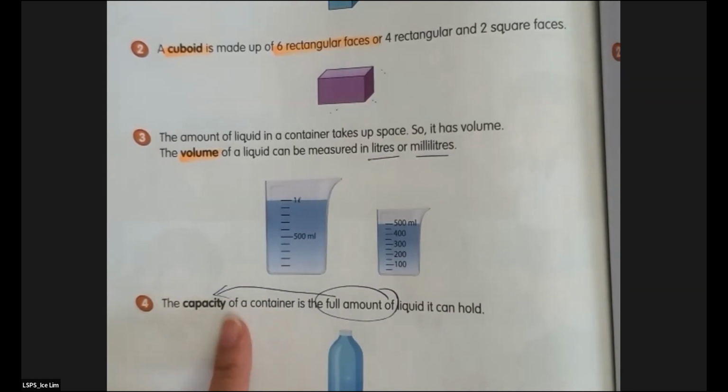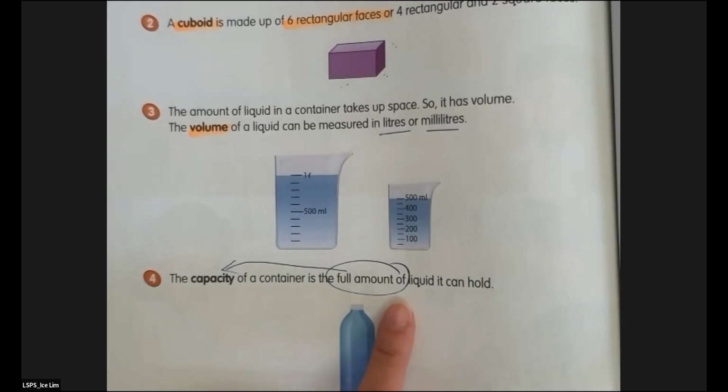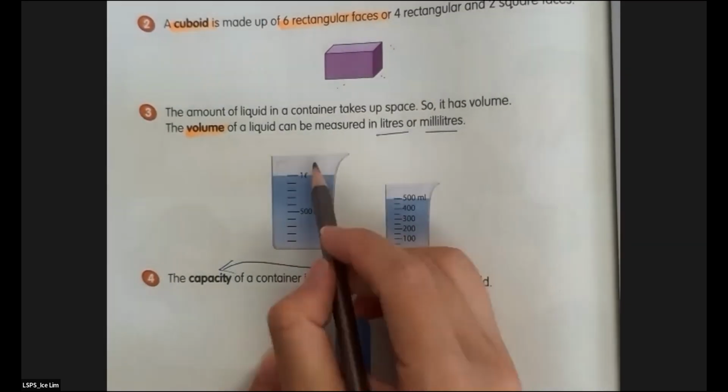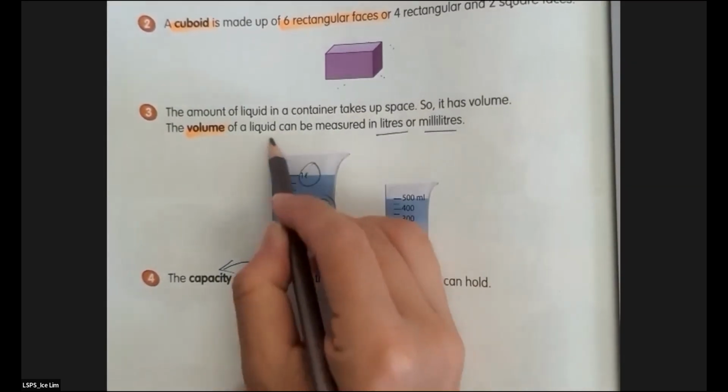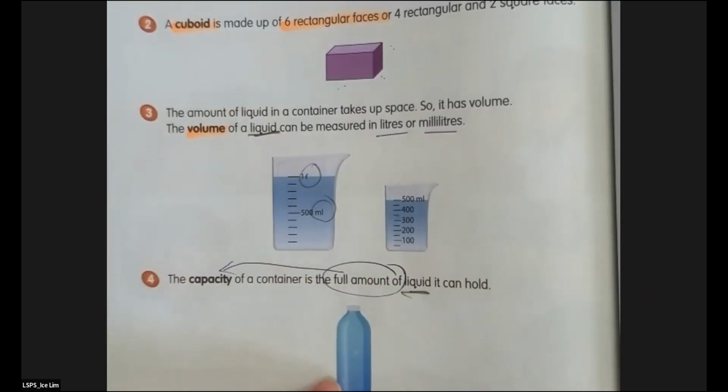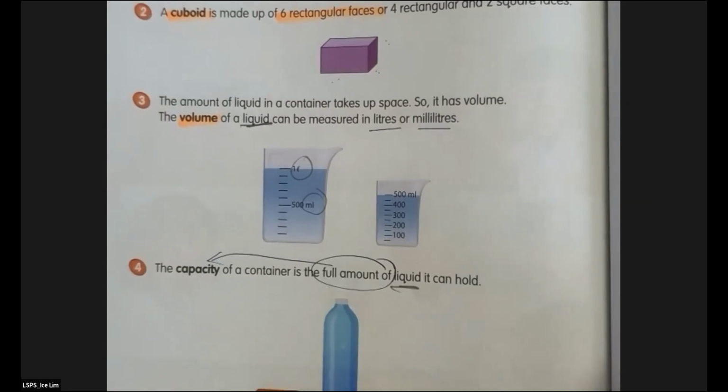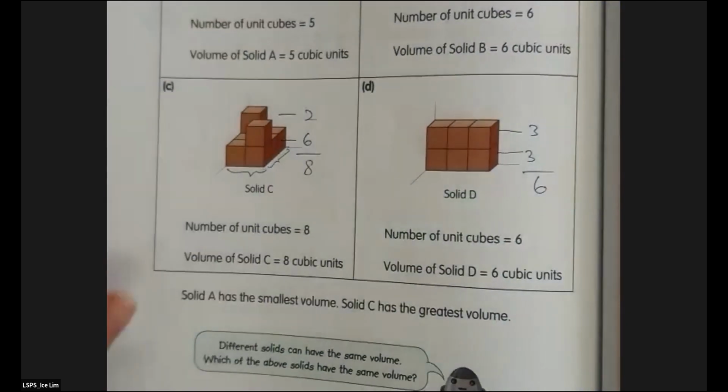Okay. So the capacity of a container, we talk about the full amount of liquid it can hold. So you realize that liters and milliliters refer to liquid measurement. But when you talk about solids, we are using a different measurement called cubic units, cubic centimeters, or cubic meters.